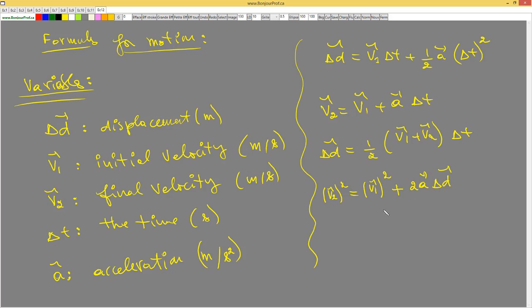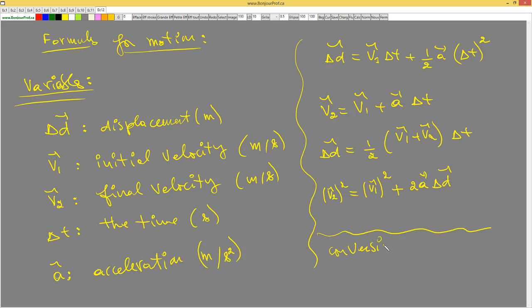With these four formulas, we are going to solve all the questions or the exercises with motion in a line. Other things: sometimes you have to make conversions. This one has nothing to do with the formulas, but conversion.